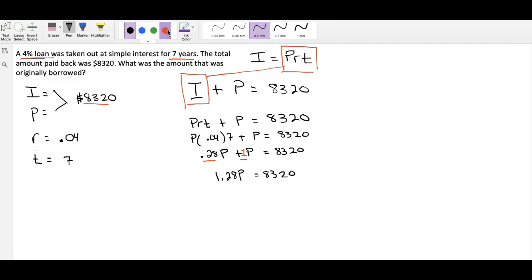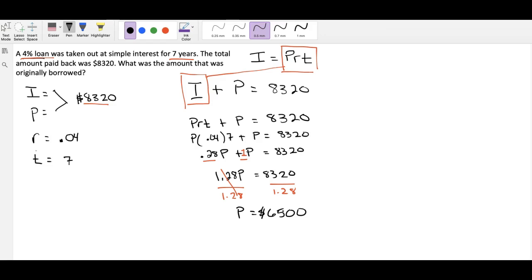And now we're just going to simply do what we've been doing, divide by 1.28 on both sides, and we get P equals 8320 divided by 1.28, which is 6,500, and it's dollars. Okay, so the principal was originally $6,500.